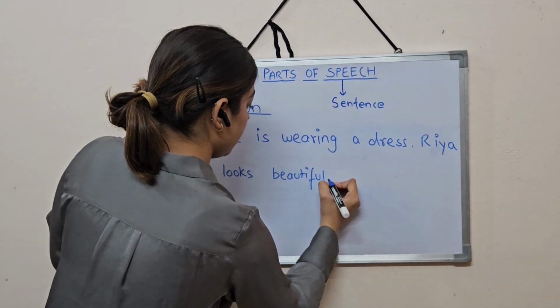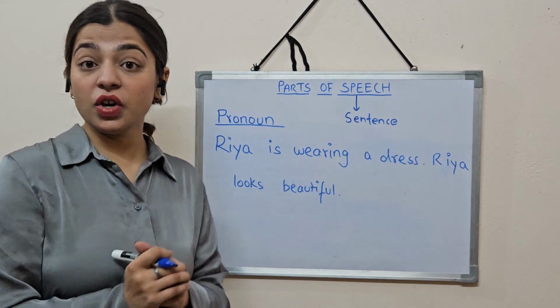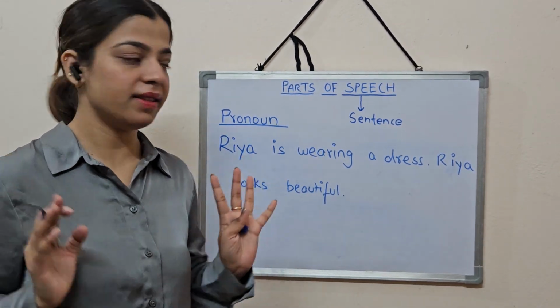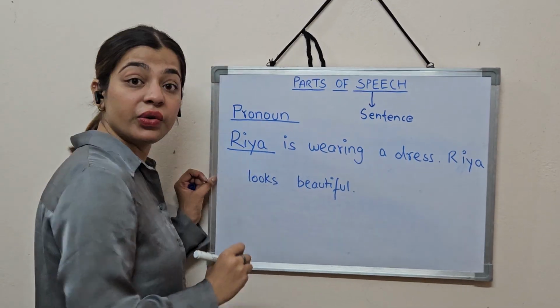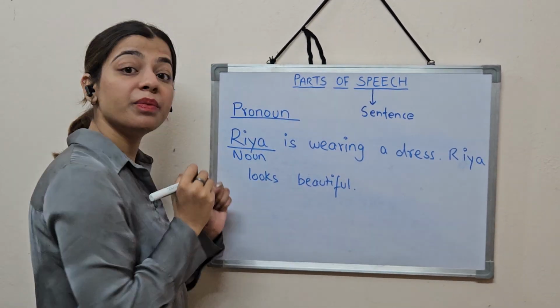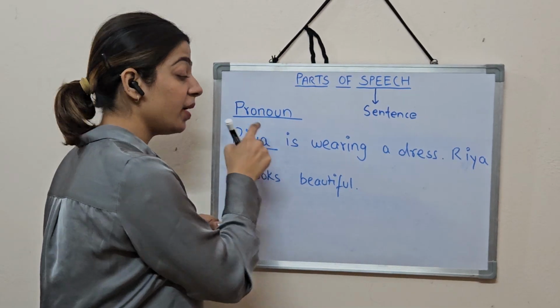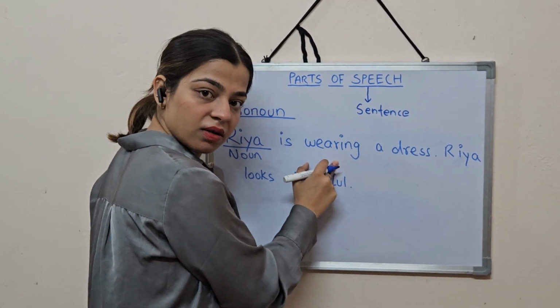Okay. So, how many times do we have Riya? First of all, let's identify all the nouns in this sentence. Which one is the first noun here? It's Riya. So, Riya is the noun. Why is Riya a noun here? Because it is name of a person.